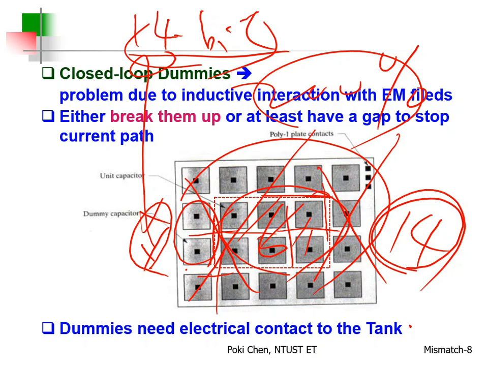Okay, only for very seldom situations. For example, 14-bit accuracy for matching with layout instead of calibration. Then double dummy is what you are required to.